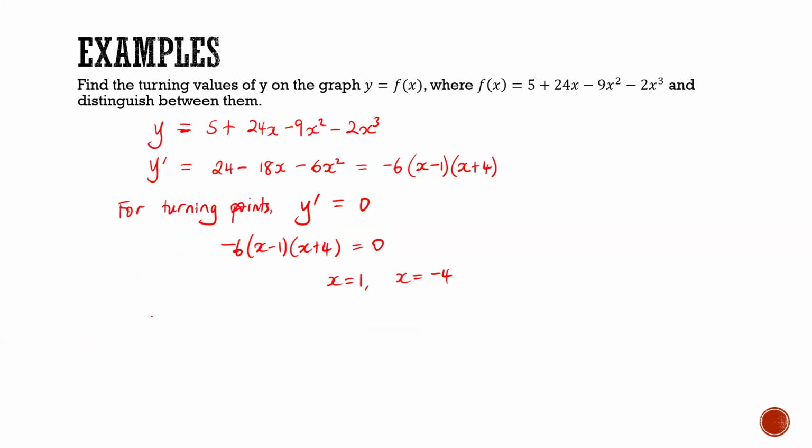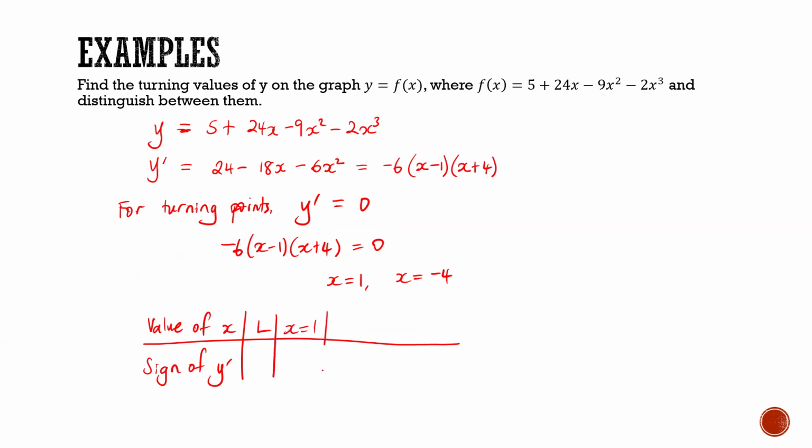And so we'll have a small table here to have the value of x and then the sign of the gradient function. And so we'll have x being equal to 1, and then to the immediate left of it, and then to the immediate right of it. And then we'll have another part for x being negative 4, immediate left and immediate right.